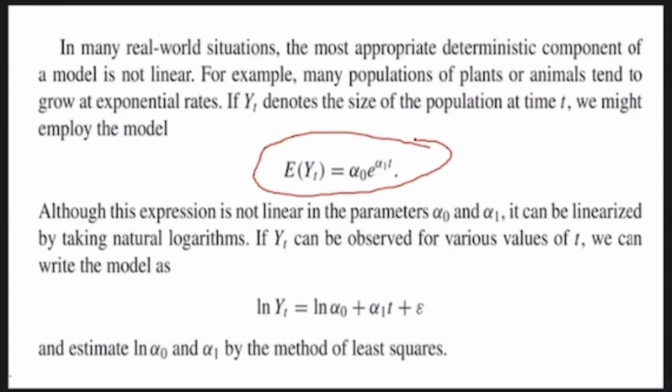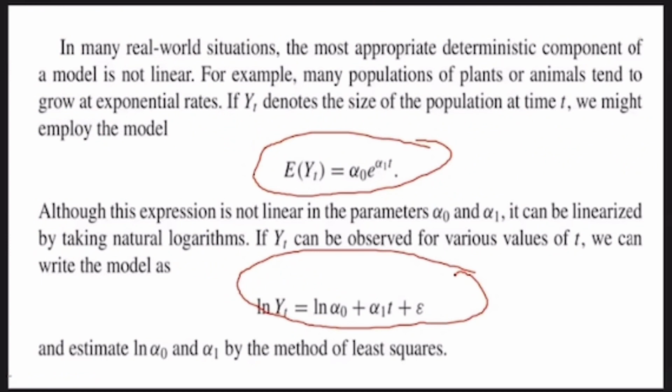Now, when you take a look at this, you are relating the population at time t to time. Time t there is the independent variable. This is not linear, but let us take the log of both sides. Taking the logarithm is a transformation. At the end of the day, we're going to get this. Any question? We're talking about the natural log right now.